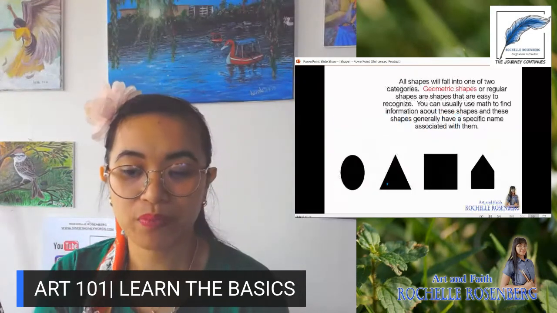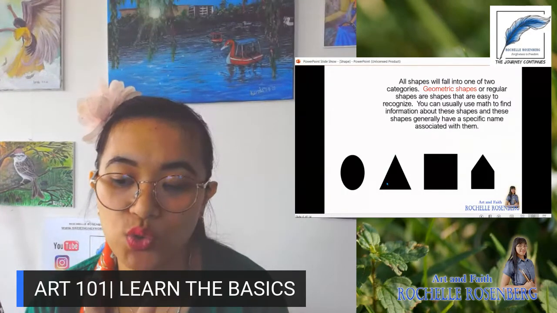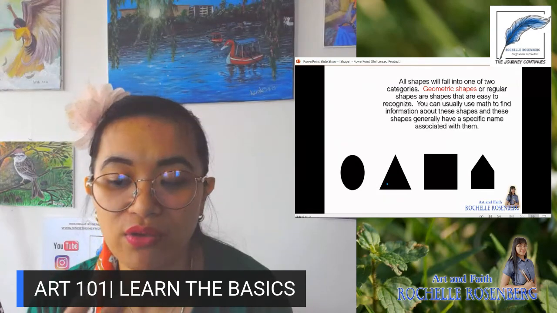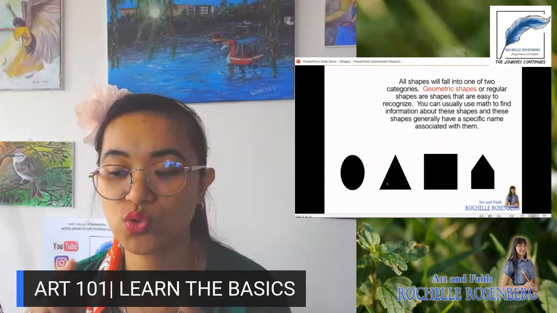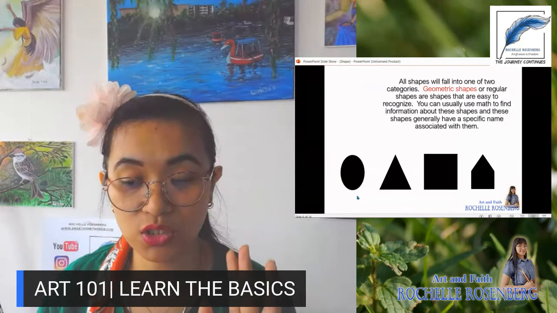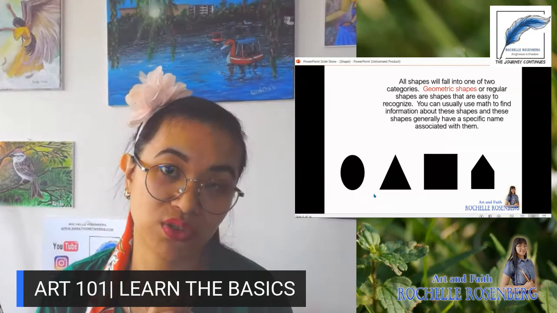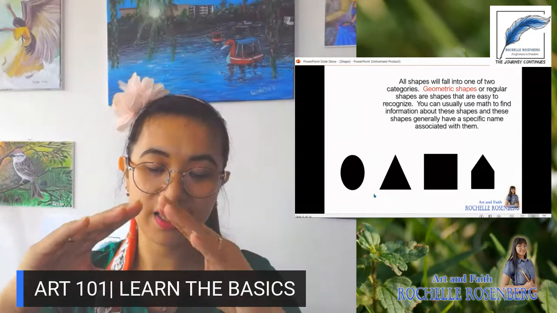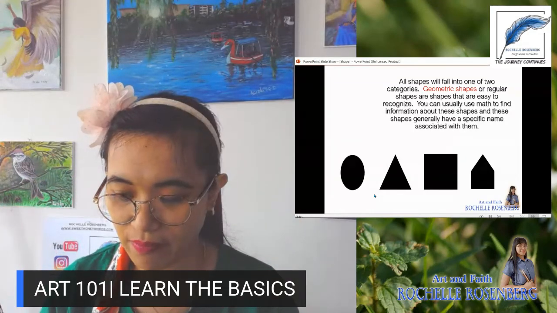All the shapes fall into one of two categories. Geometric or regular shapes are easy to recognize. You can usually use math to find information about these shapes because they generally have a specific name associated with them, like a circle, a triangle, a square, and a pentagon.